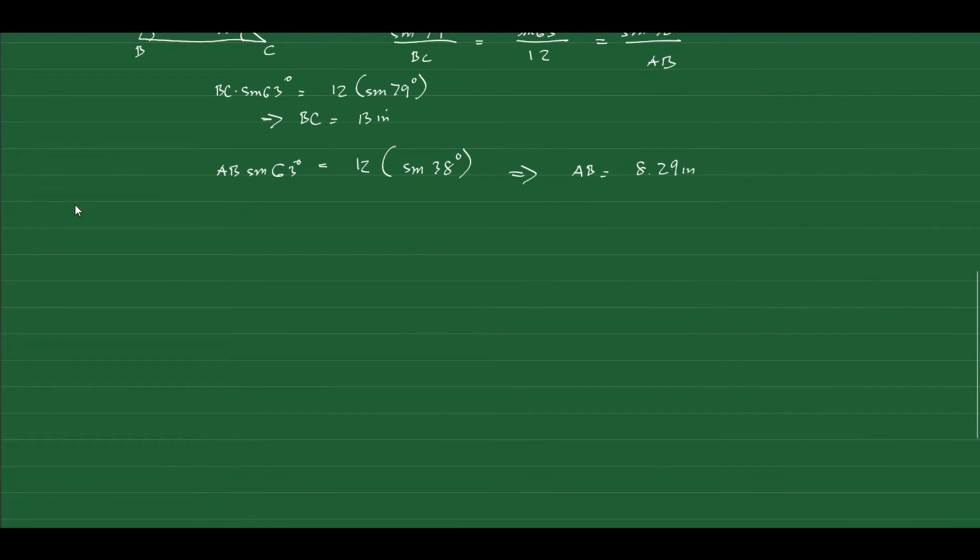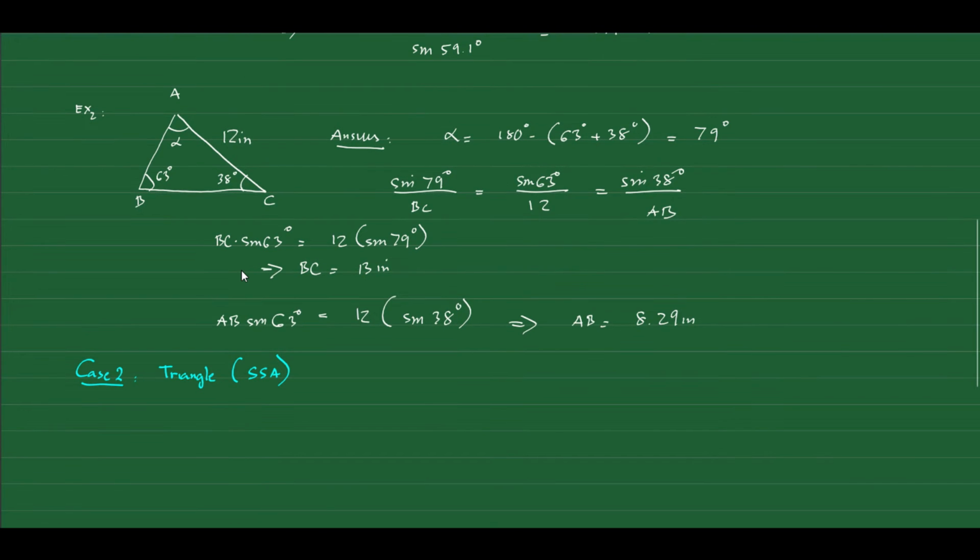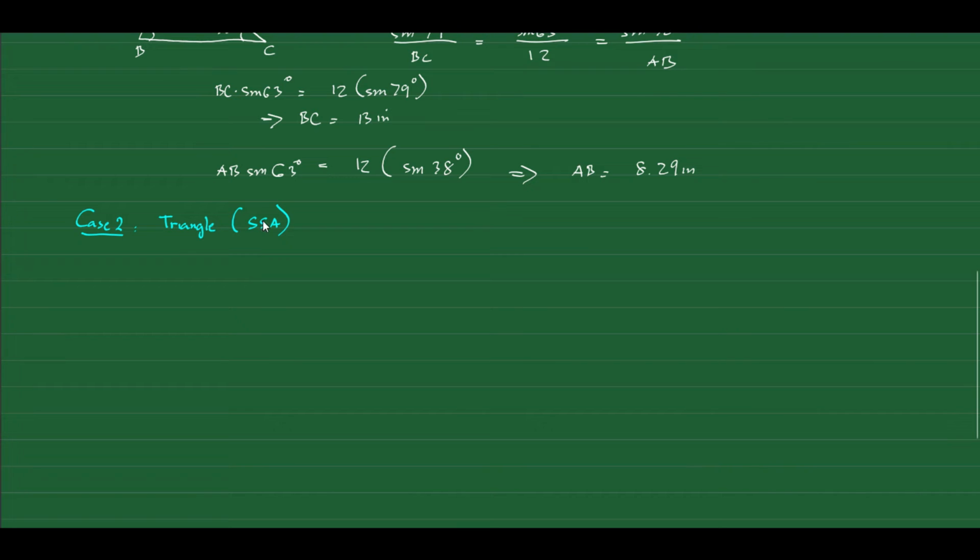So case 2, when you have a triangle, and the information they give you in the triangle is side, side, angle. The angle they give you over here must be opposite one of the side.